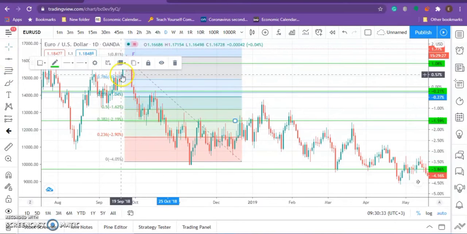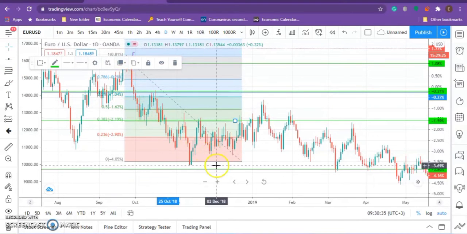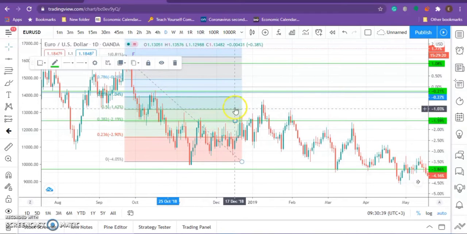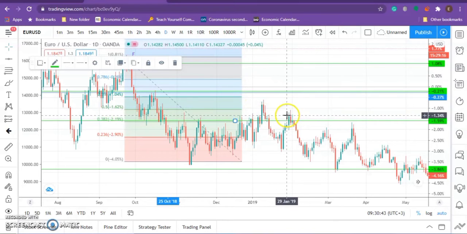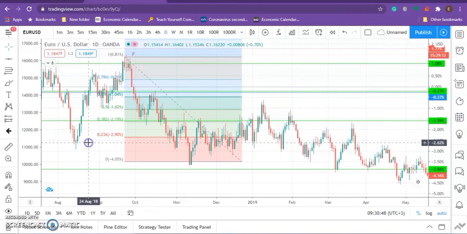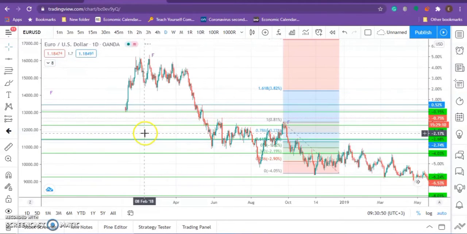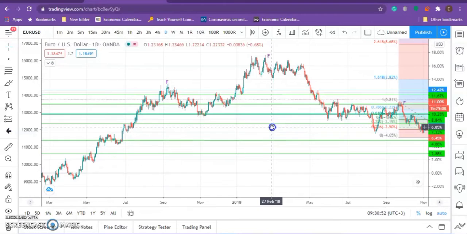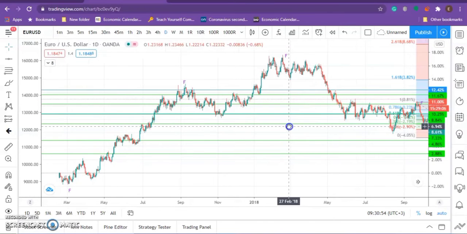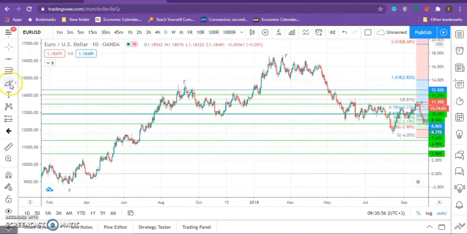You can see when it fell down, it actually retraced up to this point, even this point here. You can see it's actually on the level. You can see also on the level. So it's all really a matter of patience and waiting for the right pattern to form, the right entry.